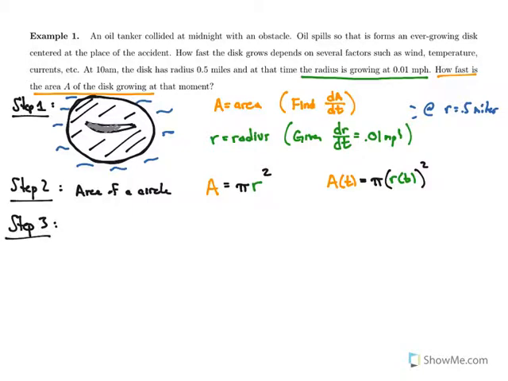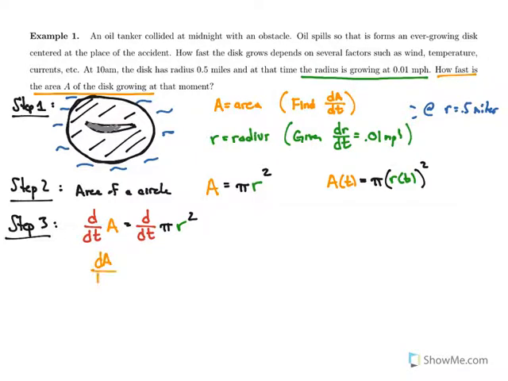So now let's do that implicit differentiation. We're going to take the derivative with respect to t of A and the derivative with respect to t of pi r squared. So the left-hand side is just dA/dt.